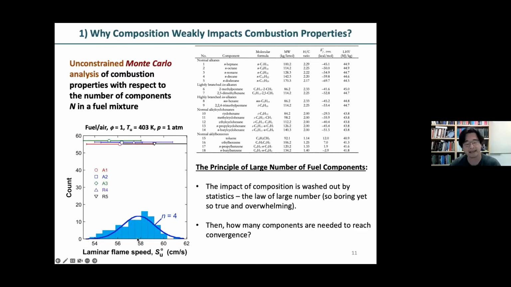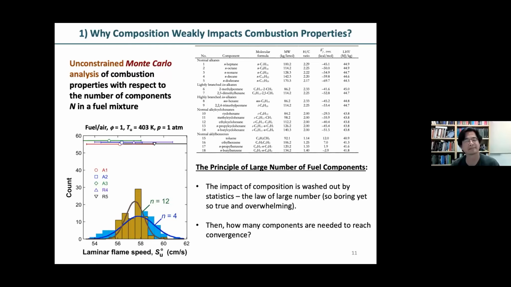If I choose a 12-component mixture, again, take 12 components randomly and prescribe their concentrations randomly, in other words, I just behave like a terrible chemist, dumping components of the fuel in a single component into a mixture, and I then measure the flame speed. When you have 12 components, in fact, the mean is still around 57, 58, but the standard deviation now is of the order of 1 centimeter per second.